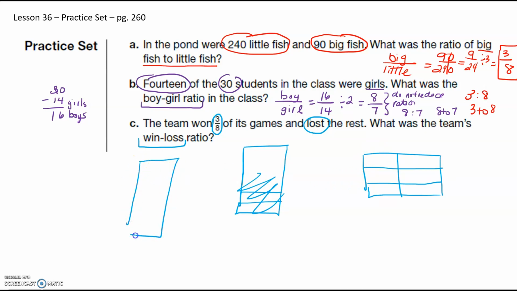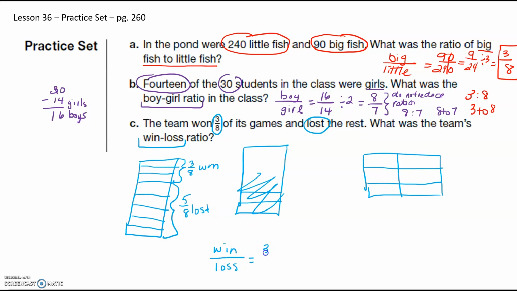I think I'm just going to go back to what I was doing. 1, 2, 3, 4, 5, 6, 7, 8. Okay, so we have 3/8 won, and that means that 5/8 were lost. So if I do a win over loss ratio, I'm going to put 3 over 5. That's my win-loss ratio, or you can do 3 to 5, however you want to write it.